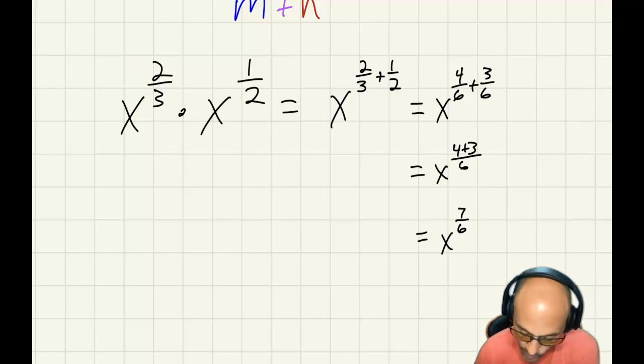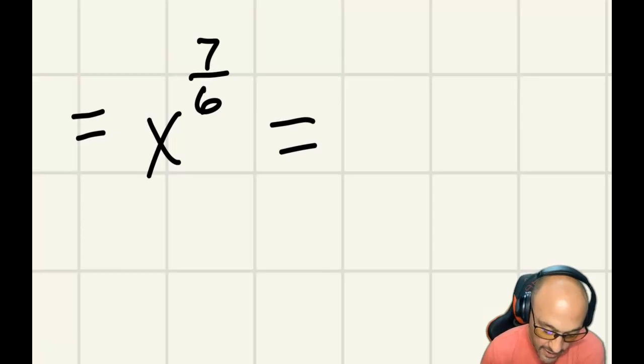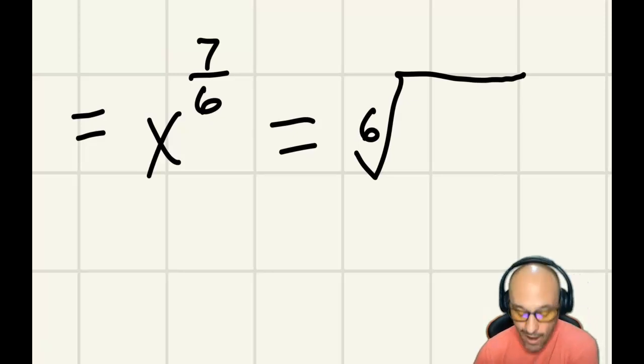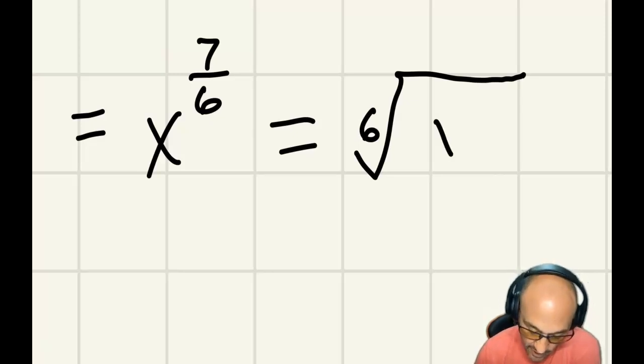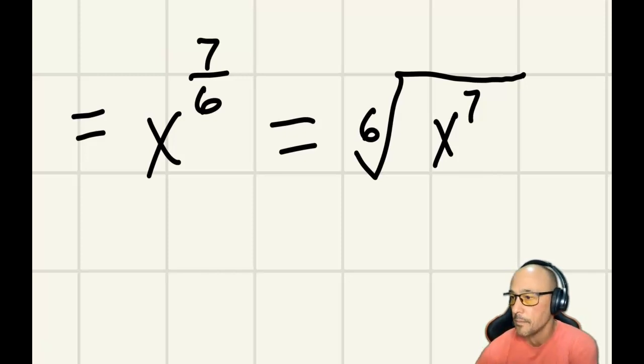And the radical that we would convert it into, well, remember that the denominator becomes the root, so it's root 6, written like that. And the numerator becomes the power on the base underneath that radical. So it's root 6 of x to the 7th power. And I want you to practice that kind of language. It's really important to use math language there. All right? Questions so far?